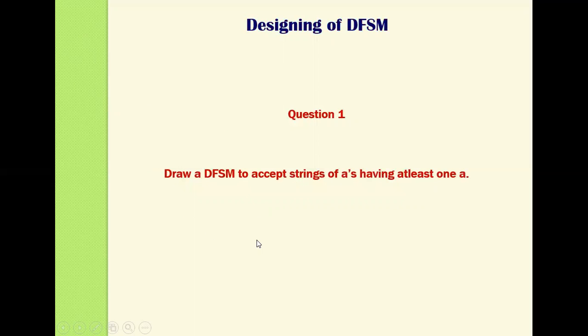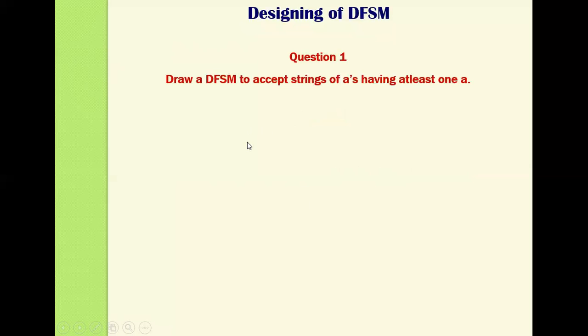So let's go with the first question. The first question is like this: draw a DFSM to accept strings of A's having at least one A. That means minimum one A I should have in the string here. So first let us see some valid strings and some invalid strings.